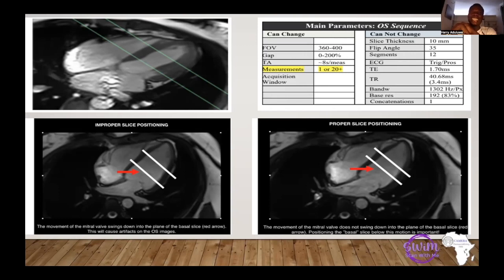Let me be fair with you, because I asked this same question when I was being trained. There is no two ways about it. Hyperventilation is hyperventilation. You cannot run away from it. So you have to explain to the patients the implication. If you can't hold your breath, you are out of my scanner.